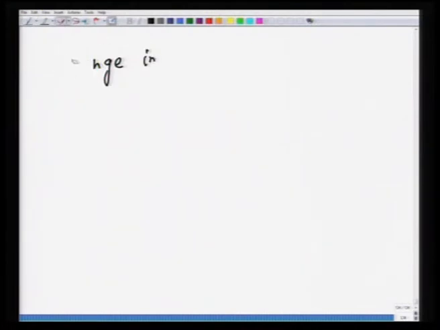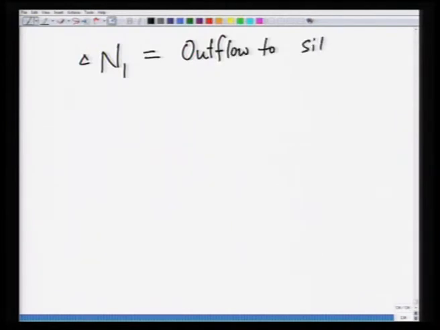So we define this change as delta n1. So delta n1 is equal to, what will this be equal to? Outflow to site 2 minus inflow to site 1, because not only is there outward movement from site 1 to site 2, but there is also inward movement, since we are considering only site 1 and site 2.